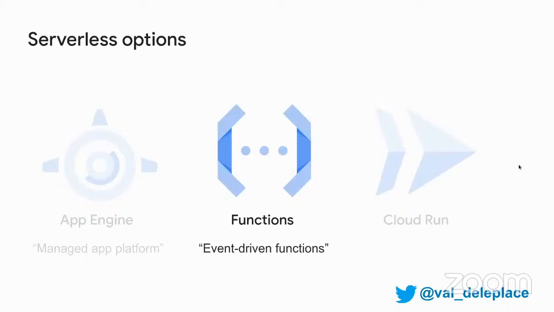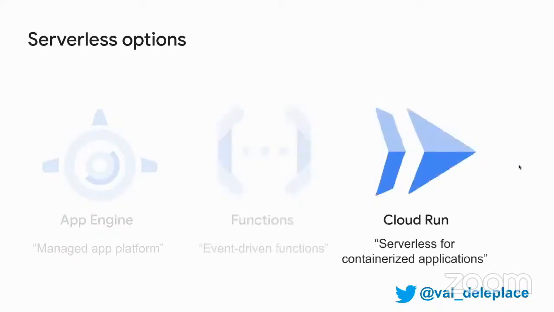For example, do something asynchronously when a new file has freshly been copied to a cloud storage bucket. Cloud Run is a serverless platform for stateless containers. It's perfect for any application that can be expressed in terms of a HTTP server inside a container.